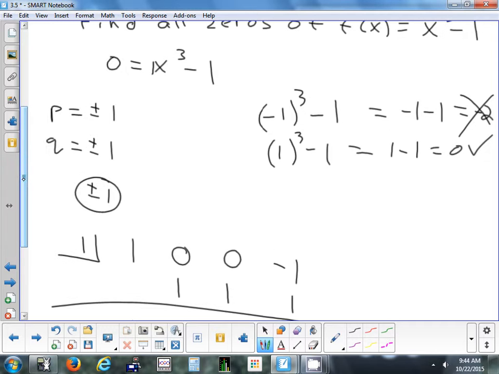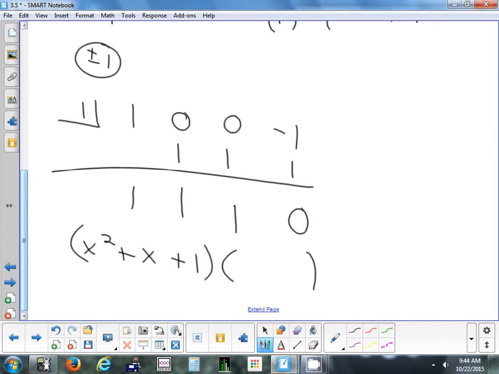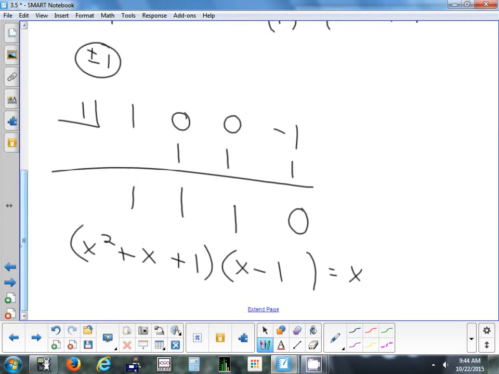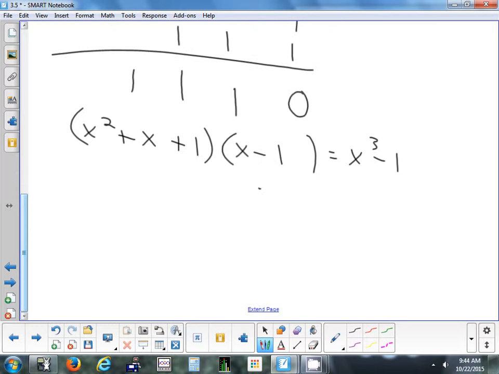Okay, the other factor, we said 1 is a root. So what's the other factor? X minus 1. Okay, so we just factored this original problem. So if I asked you to factor that on the test, there you go. You just factored it. Okay. I'm asking for the roots. We've got the first root.